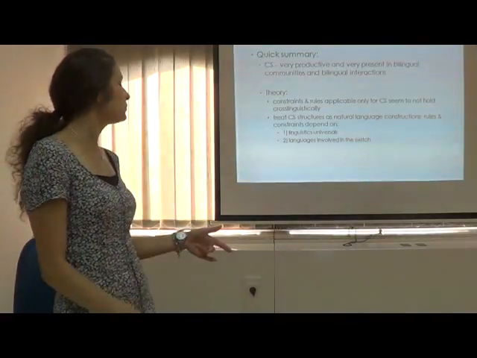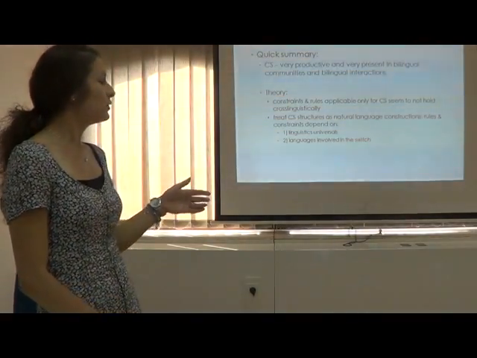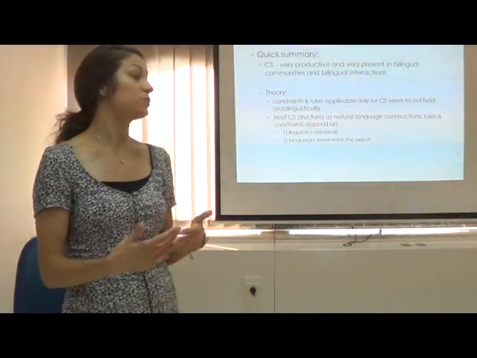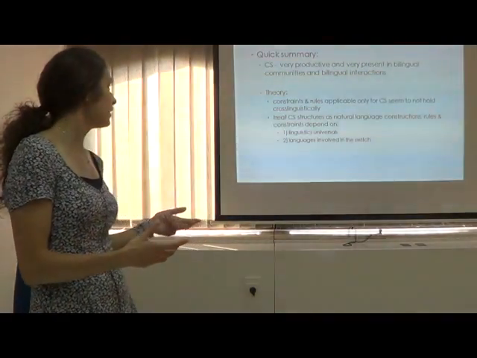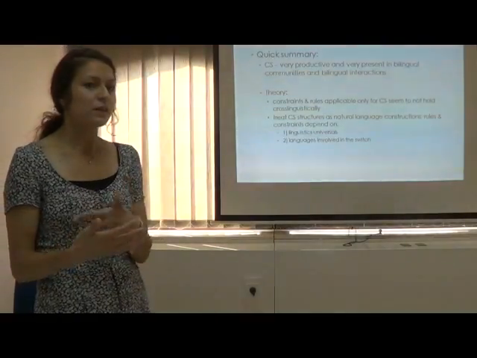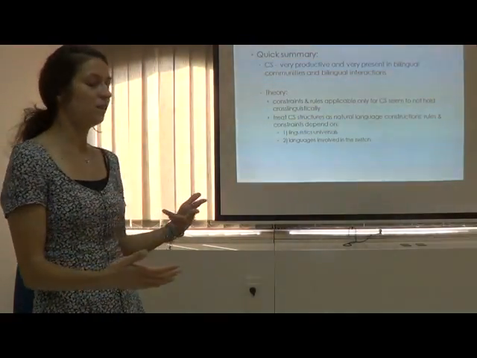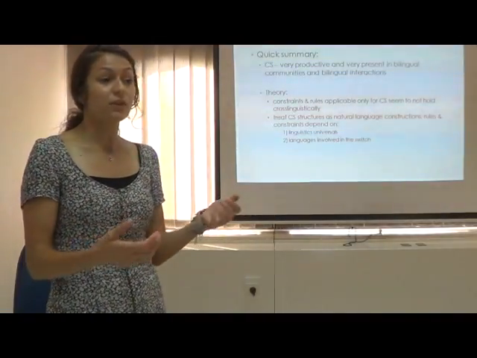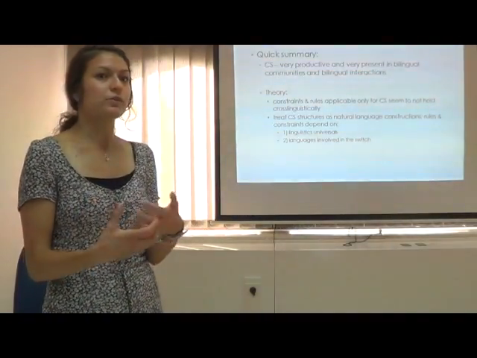So instead, we should turn to approaching this just like regular natural language, natural constructions, and approach them based on linguistic universals and the languages involved. So if you have, like I said, a DP and an NP language, you have to work with the two.